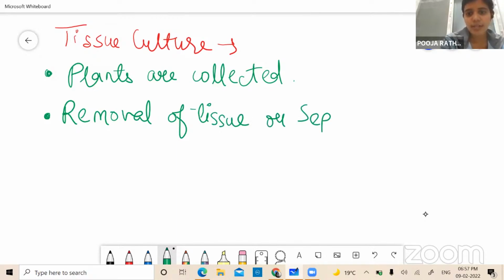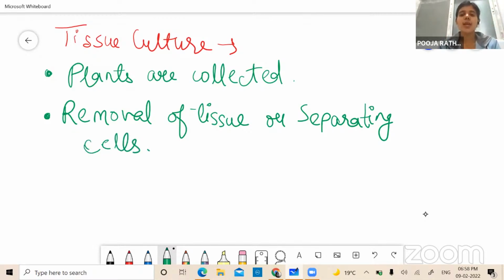We will understand this in detail. The tissues which are helpful for reproduction are removed, or cells are separated from the actual body part of the plants.